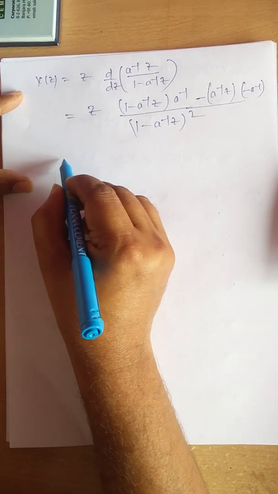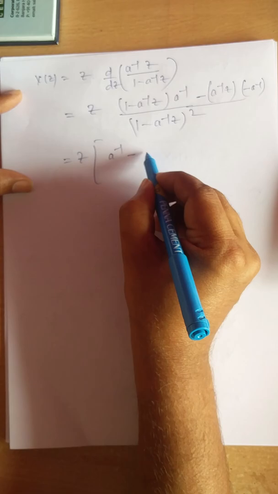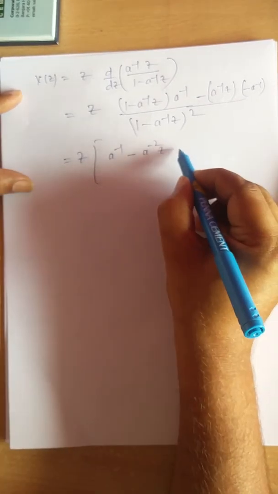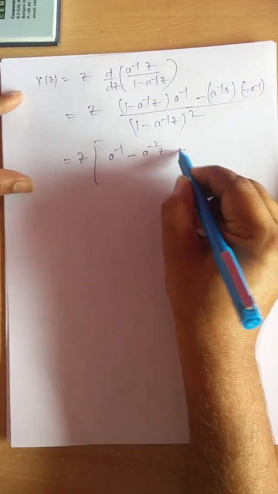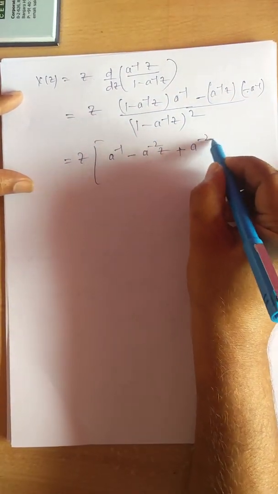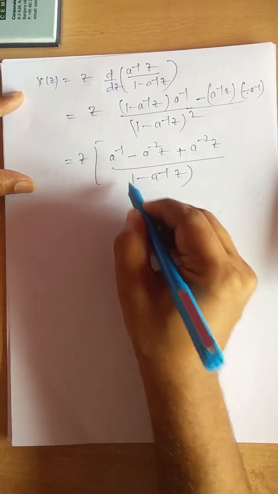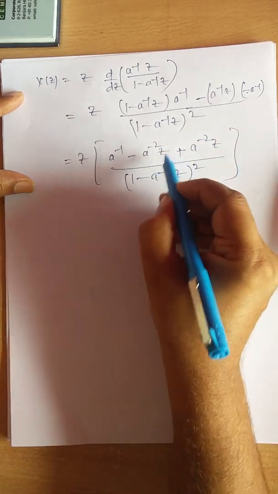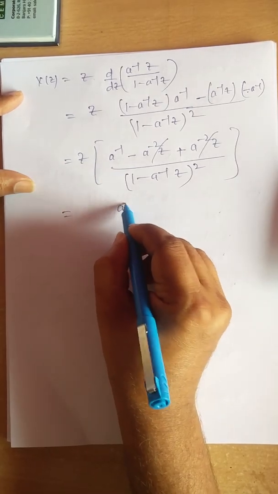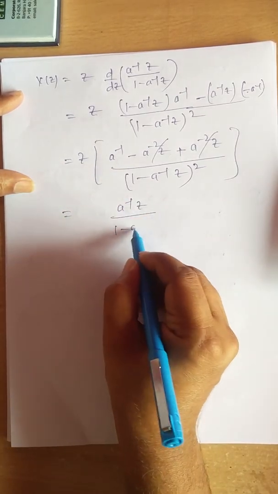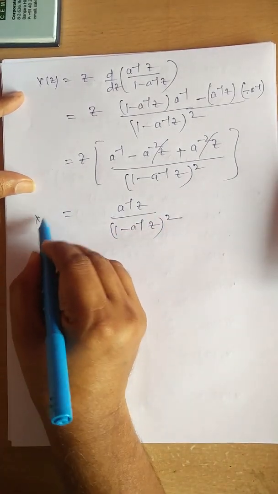Then you will get z times a inverse minus a to the power of minus 2 z, minus into minus will become plus a to the power of minus 2 into z, whole divided by 1 minus a inverse z whole square. This term and this term get cancelled. You get a inverse z divided by 1 minus a inverse z whole square. This is the x of z.